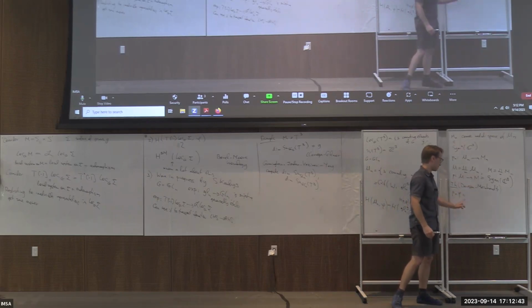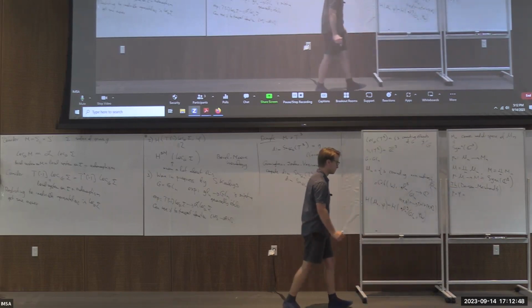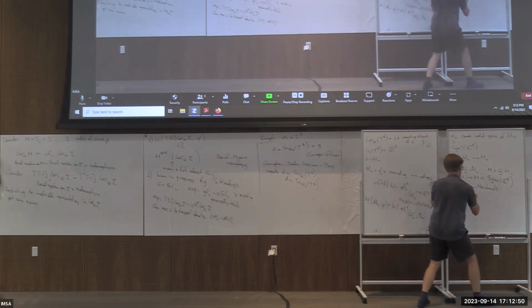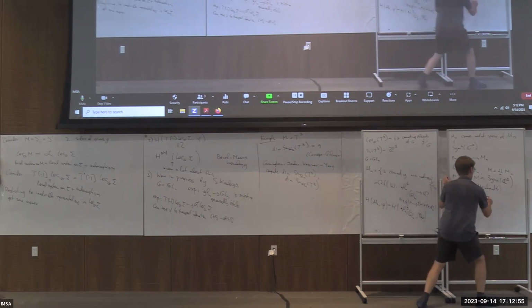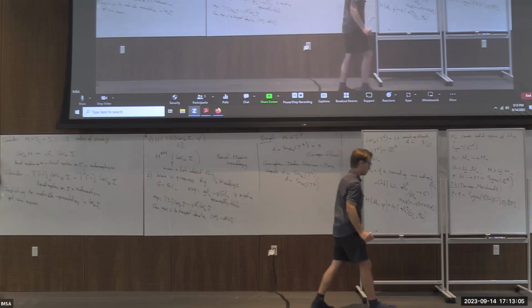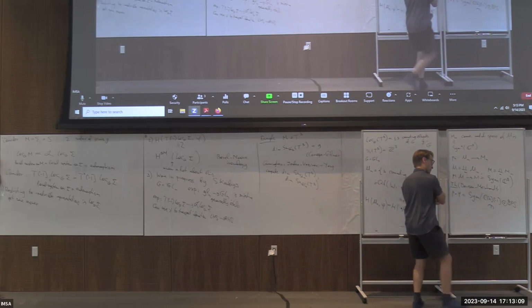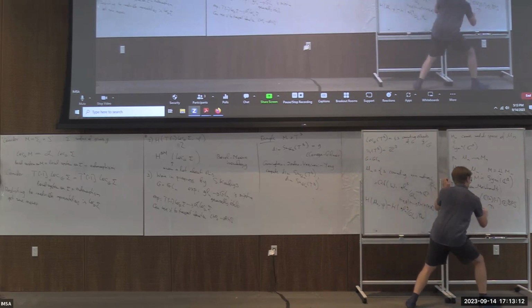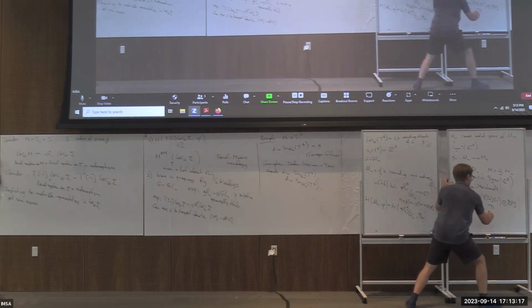So there's a slightly more refined description of this homology that I'm about to state. Basically, it's a symmetric algebra of some constructible sheaf on this coarse space.